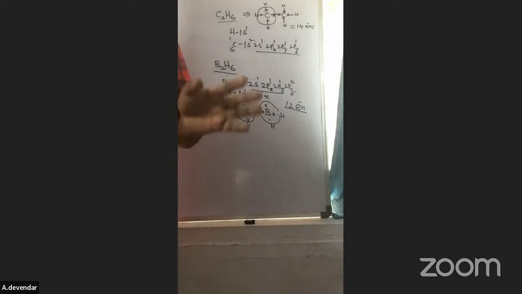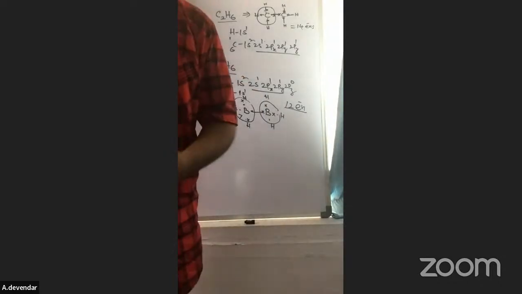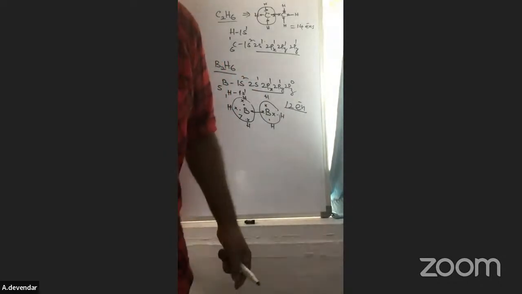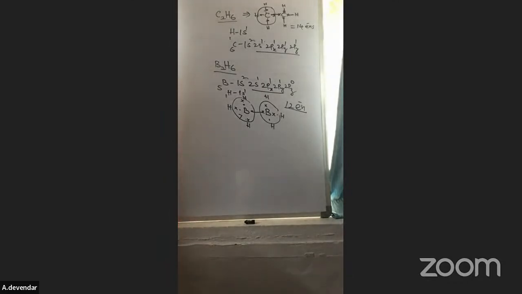What is an electron deficient compound? In the examination they'll ask, what is the meaning of electron deficient? The compound in which the number of valency electrons of the central atom is less than the stable valency electrons is called an electron deficient compound. Are you following that?